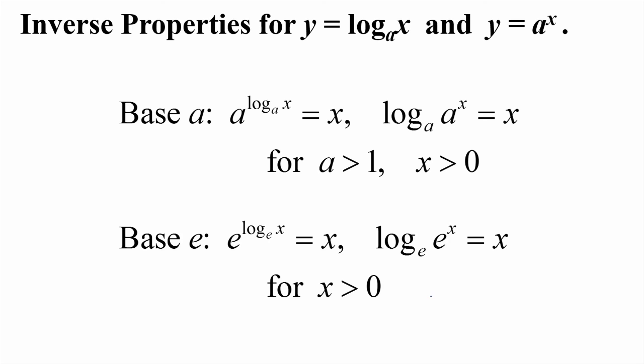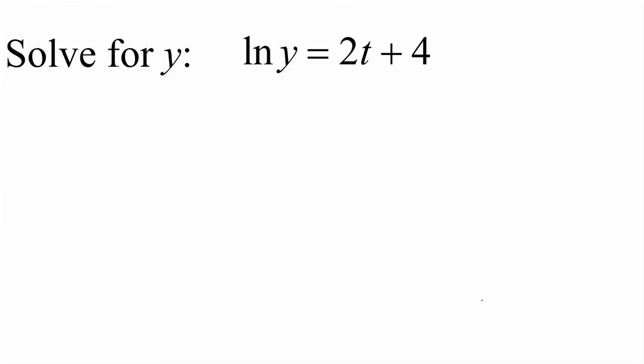Let's try an example. Solve for y: natural log y equals 2t plus 4. We'll use the inverse property of natural log, raising e to each side of the equation.